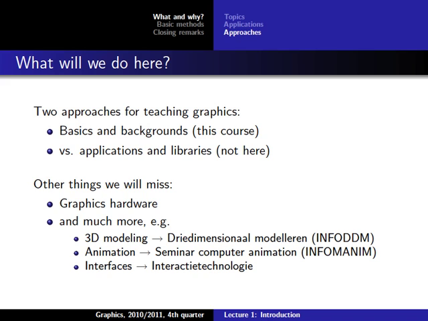It used to be a seminar, so as far as I know, starting next year, this will be a lecture course, but on a master level. And we will not talk about interfaces, but there will also be a course about interaction technology as part of the gaming bachelor.